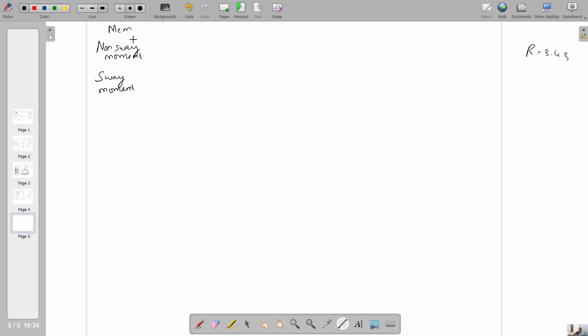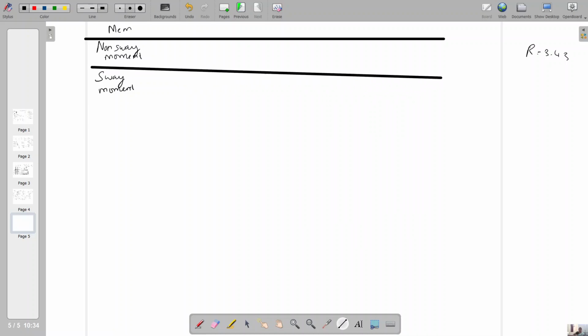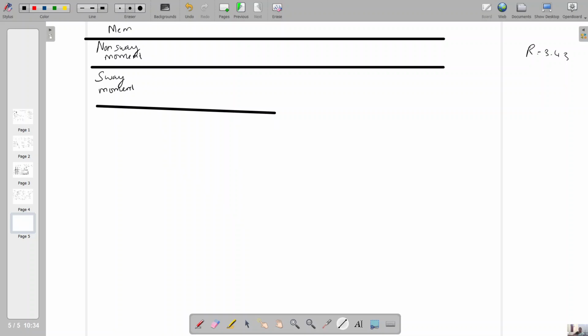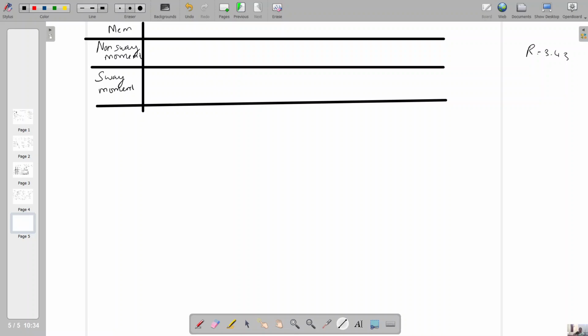So you draw lines to separate the different members. Remember AB, BA, BC, CB, CD, and DC. The non-sway moments are zero.